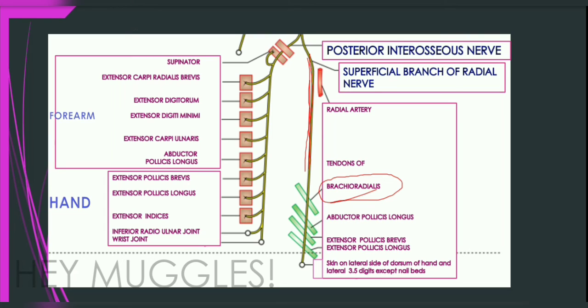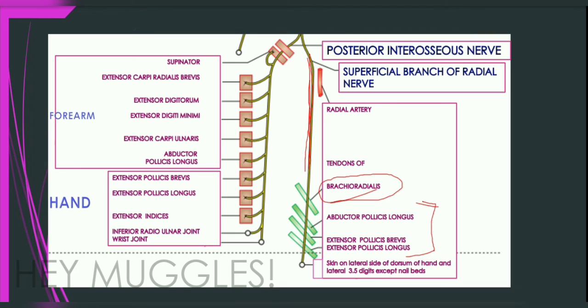Then it is present proximal to the styloid process of the radius, and then it passes over these three tendons, right?